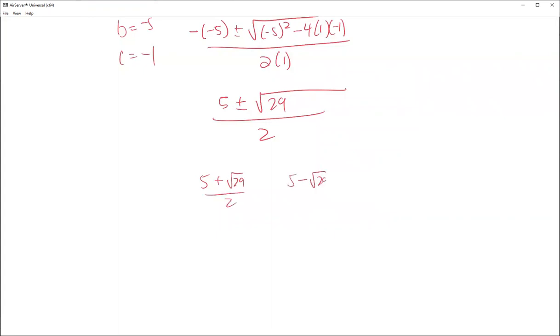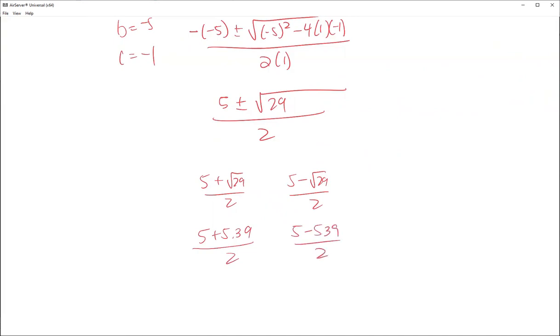So radical 29 is equal to 5.39. So 5 plus 5.39 over 2, and 5 minus 5.39 over 2.